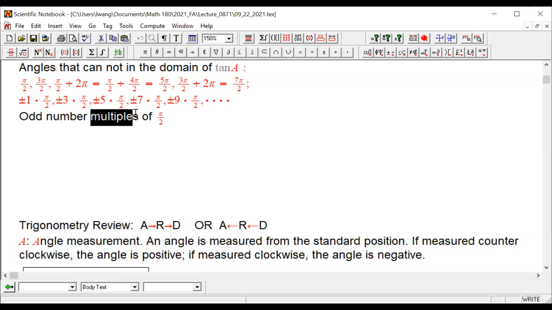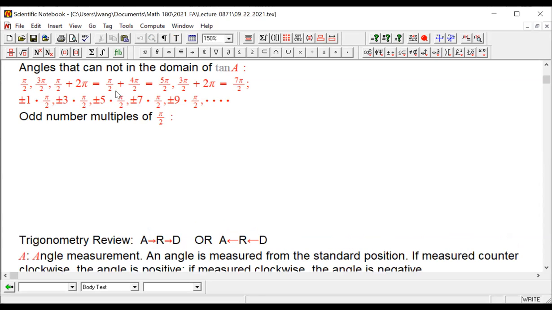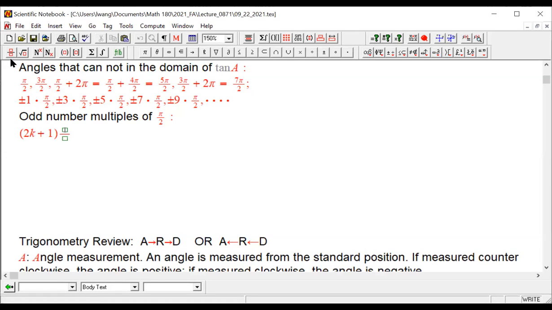So how do we express the odd number multiples of pi over 2? And here it is. 2k plus 1, times pi over 2, where k is an integer. Of course, this is not the only form.